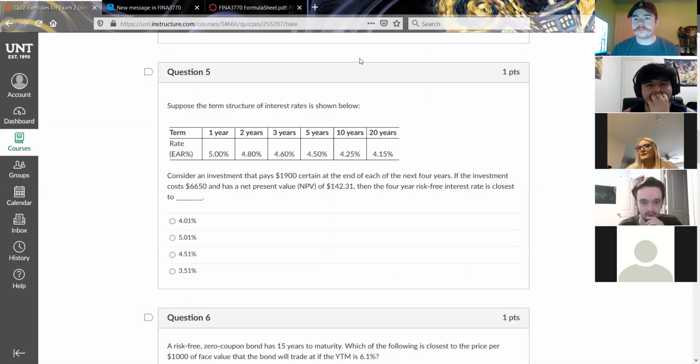Go to your screen share button, it should give you the option.